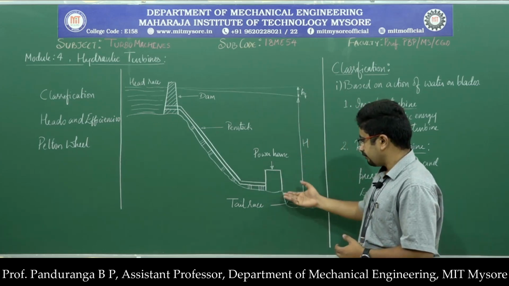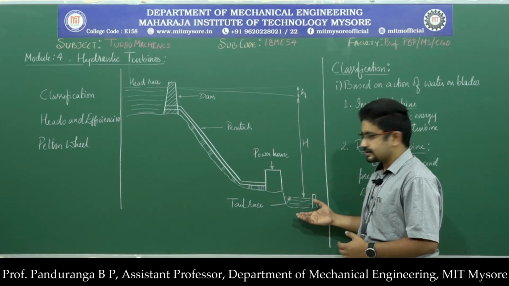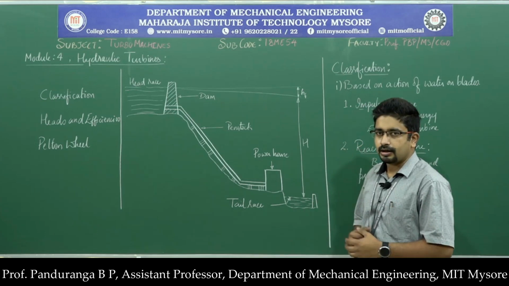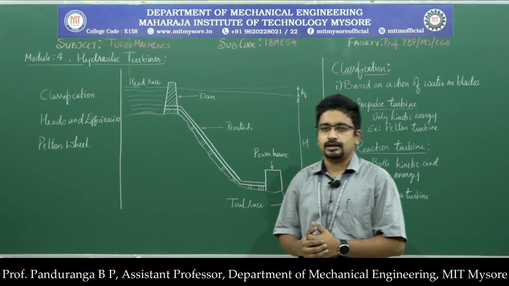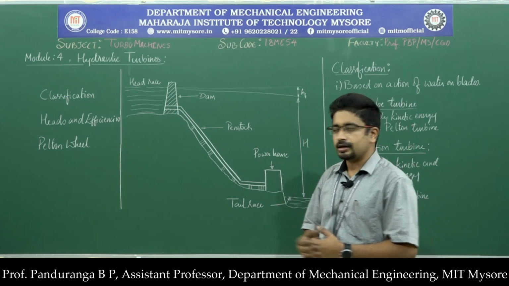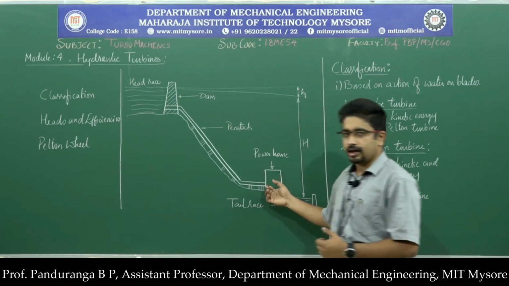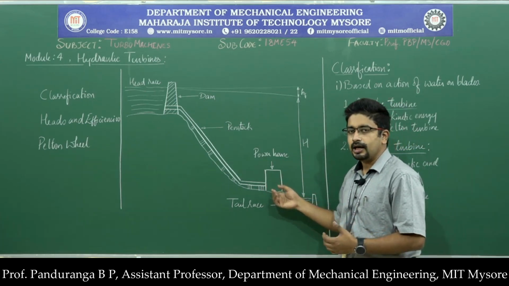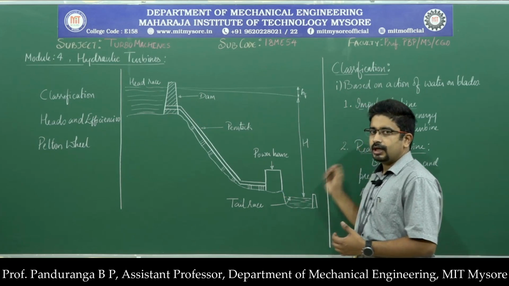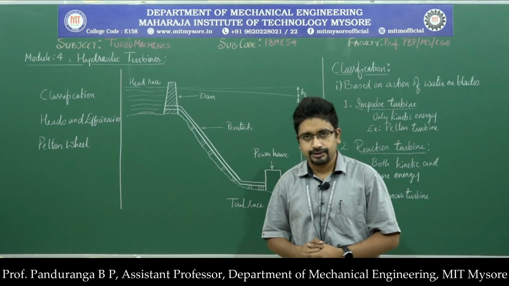And then the water from the powerhouse enters the tail race. It is a small pond-like structure where the water, after passing through the turbine, will enter, and from here it will be redirected back to the river.